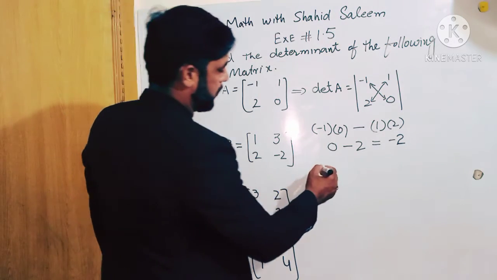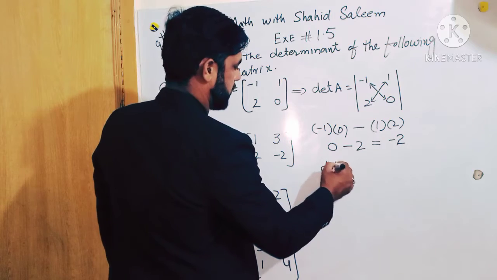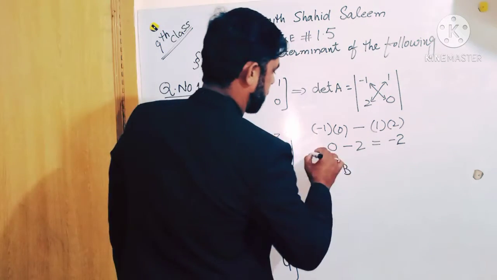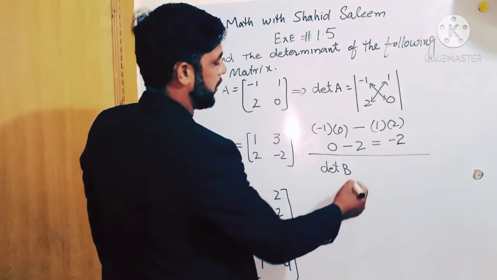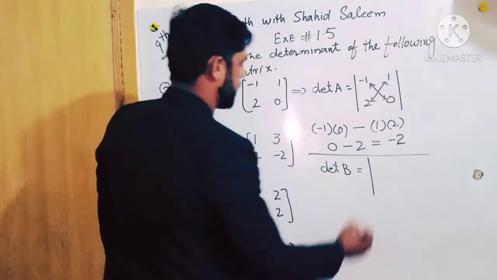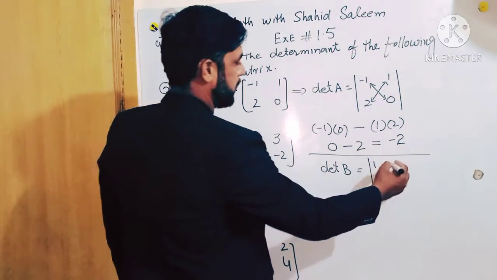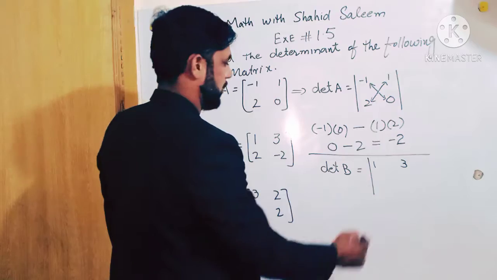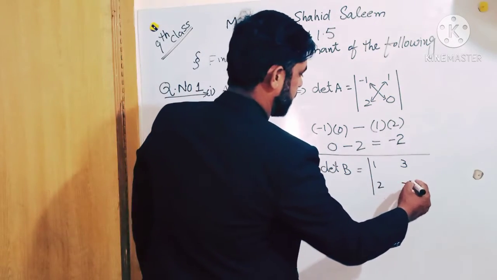determinant of B is denoted by det of B, equal to determinant of 1, 3, 2, -2.